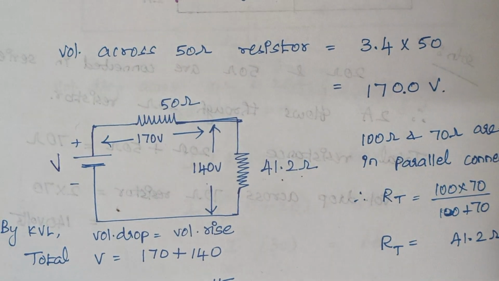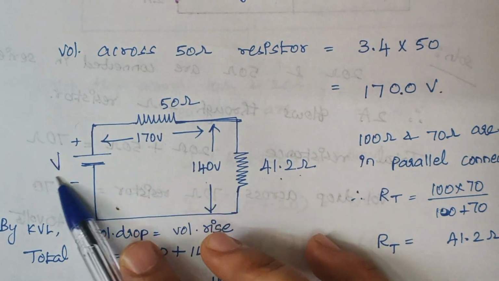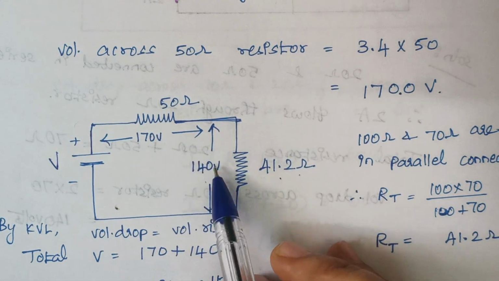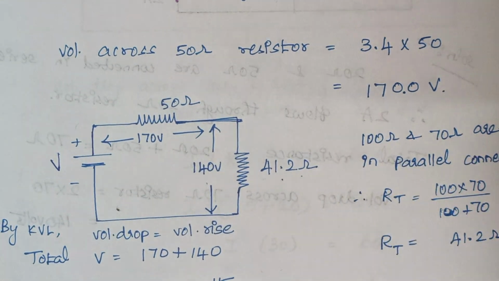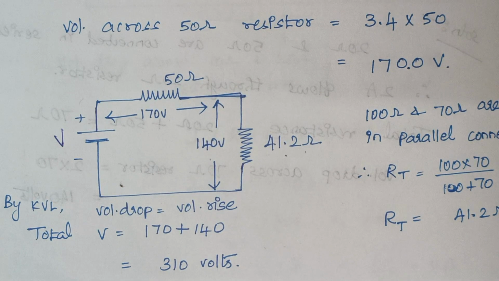So V is nothing but the summation of these two values: 170 plus 140, which finally gives the value of V as 310 volt. Again, this is a basic concept. Repeatedly, we will be using Kirchhoff's current law and voltage law in most of our problem solving methods.